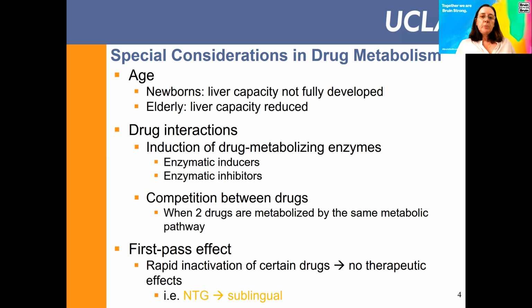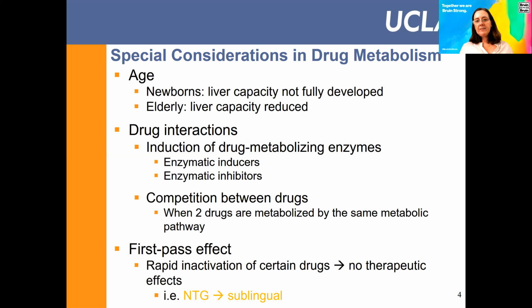But of course, if the patient has an impaired liver function and is taking a drug that has a heavy first pass effect, you can also see some toxicity in that case, as the liver is not going to process that drug as much in a patient with liver dysfunction.